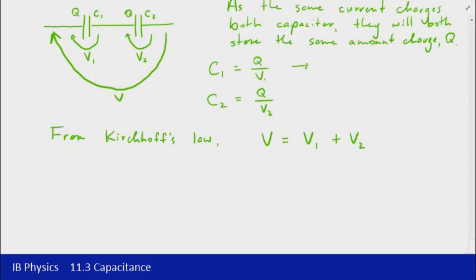That means from the first equation, we can write then that V1 is equal to Q on C1, and V2 is equal to Q on C2.